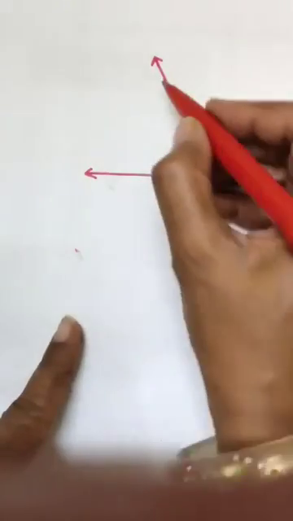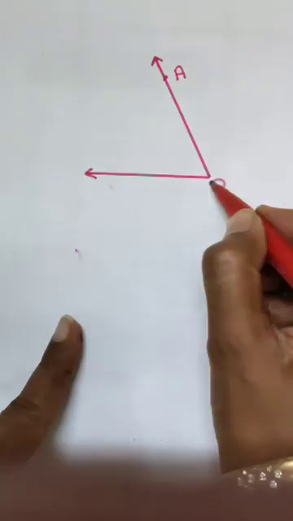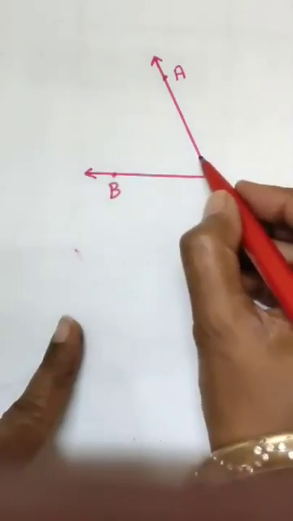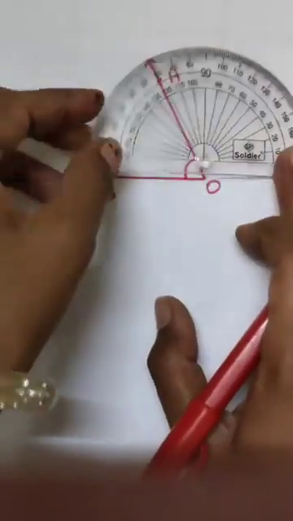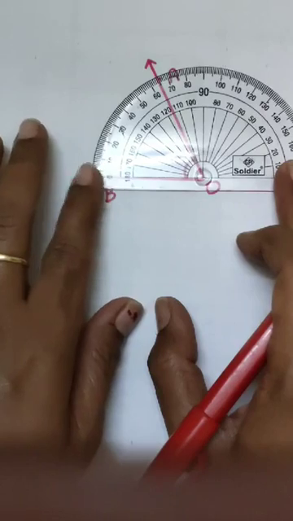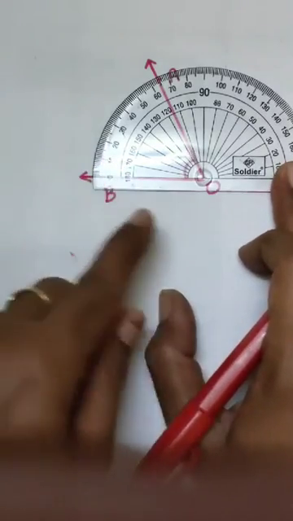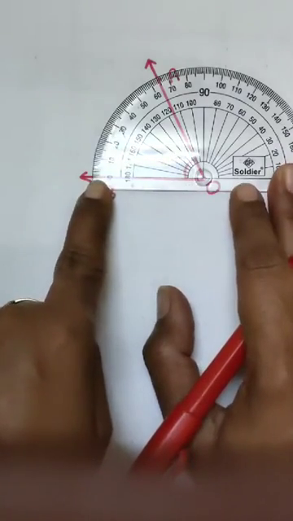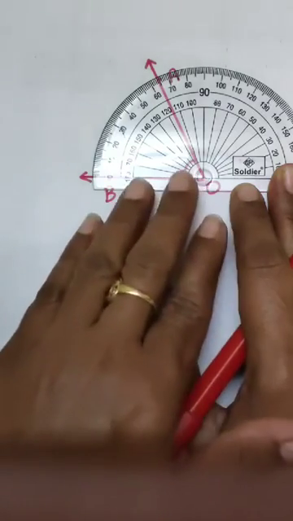See more questions. Now see, I have made an angle in the opposite direction. This is your angle AOB. You have to measure the angle O. Place the protractor like this, center point on the vertex, and this baseline of the protractor will lie on your pencil baseline.